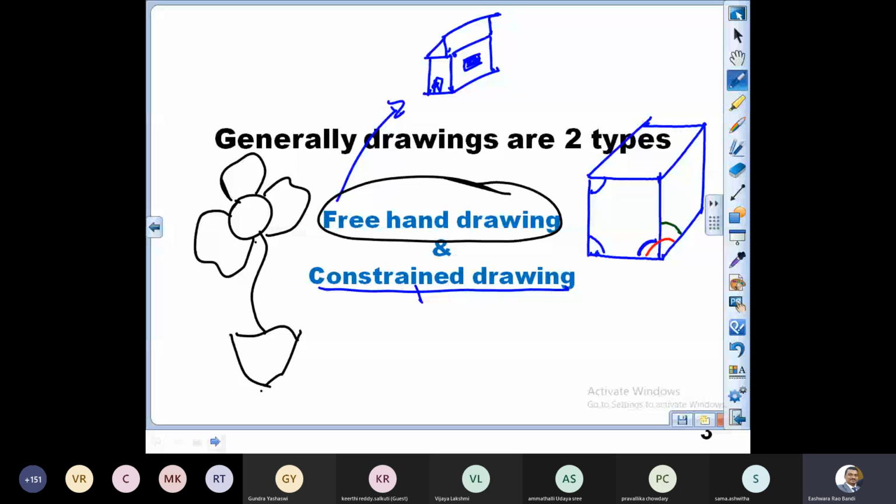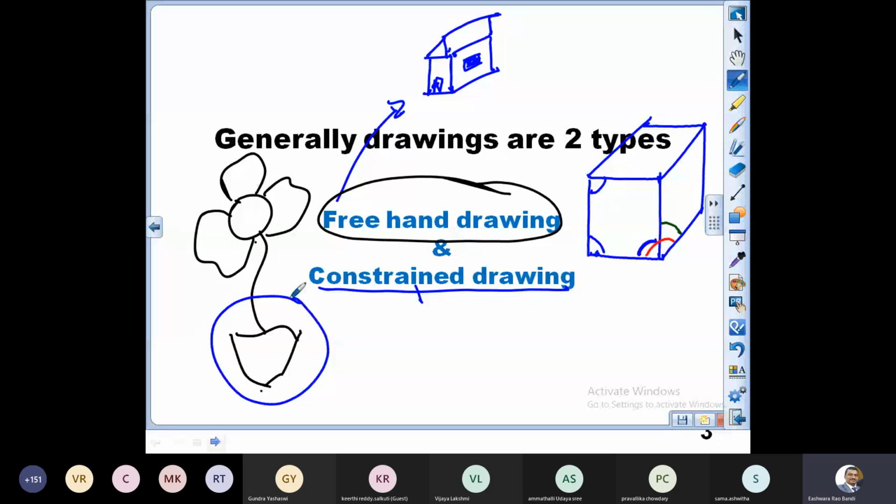Whereas coming to constraint drawing, can we draw a flower like this? No, because this will be drawn with freehand drawing itself. We can't draw the flower and the pot with constraint drawing. But we can draw the pot with constraint drawing.